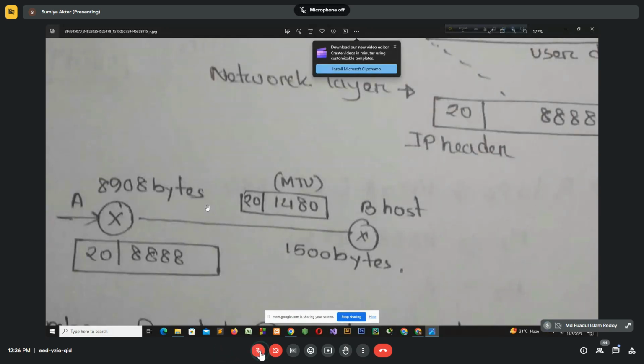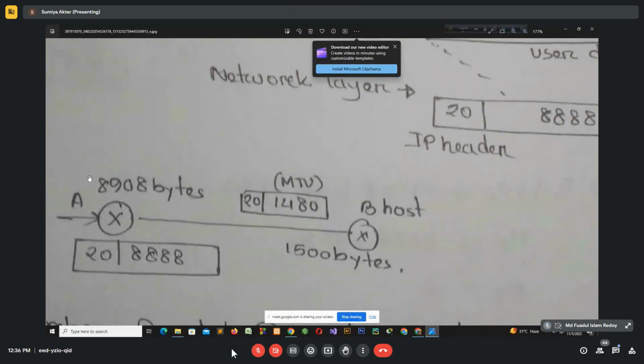Like the previous one, there were 1,000 bytes, but I subtracted 20 to get 980. Do you remember that part? Same like here, the total bytes I'm showing here are 8,908 bytes.